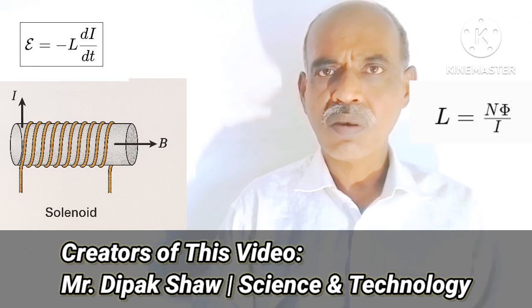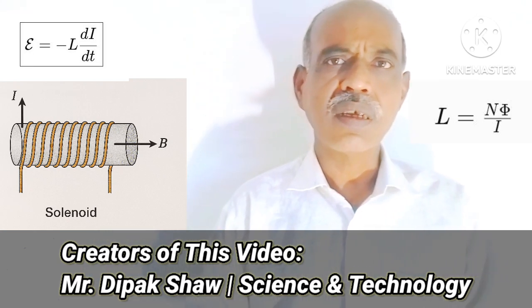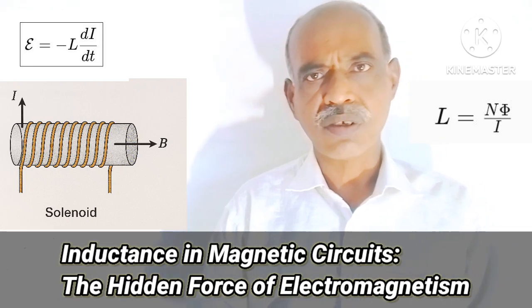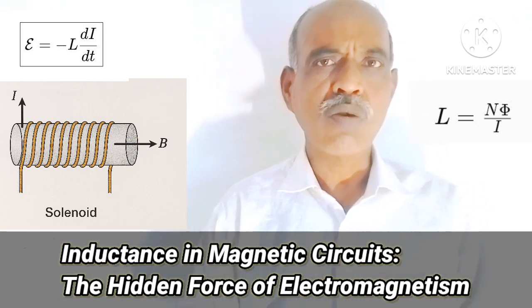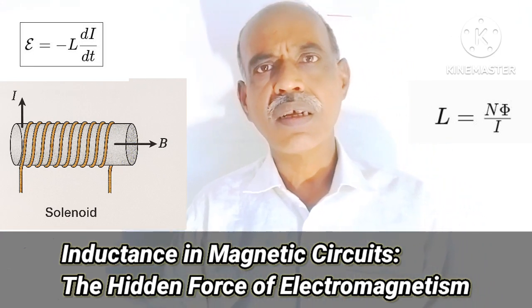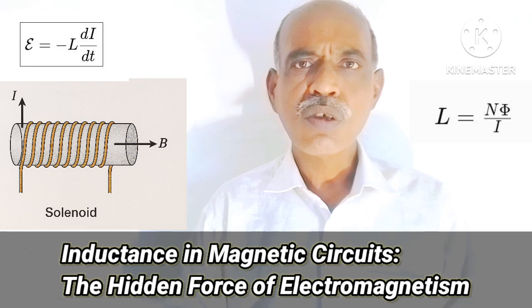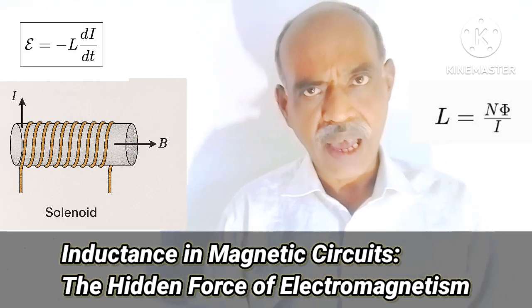Why is this perpendicular? Because current passes through the coils. You can see the number of turns there. If you consider only one turn, that makes a plane, and the current flows through the wire.